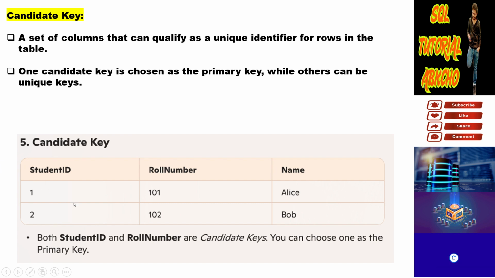In our example, we can see student ID and roll number both uniquely define the table, but among these we can choose student ID as the primary key or roll number as the primary key. So both of them are candidate keys. Now move on to the next one.